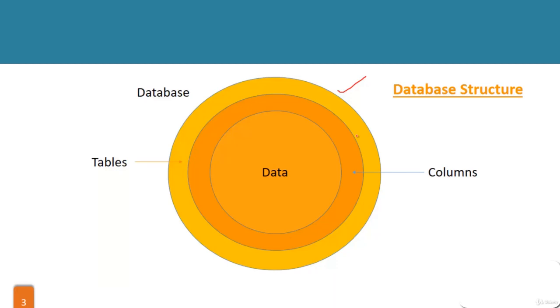For example, if the database has 4 tables, you will see basically 4 tables inside the database, like this, right? So these are called tables, and they are inside the database. This is a shell for tables.